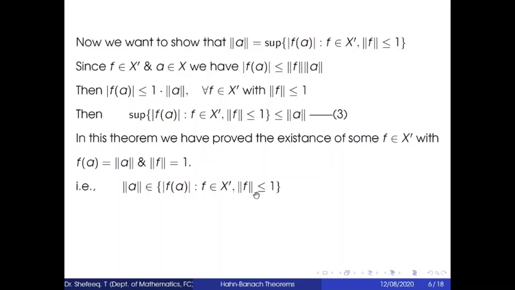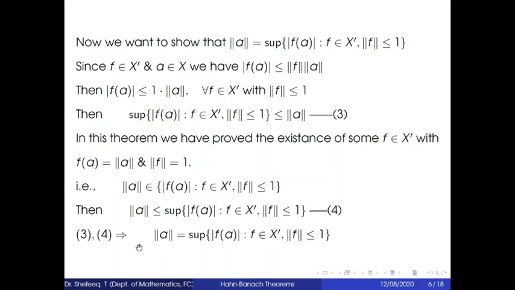So these two conditions are satisfied, which means norm a belongs to this set. If we take the supremum, then norm a is less than or equal to the supremum of this set. So from 3 and 4 we have norm a equal to the supremum of the set of modulus f of a such that f belongs to x dash with norm f less than or equal to 1. This completes the proof of part A.